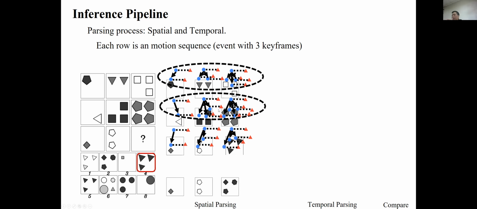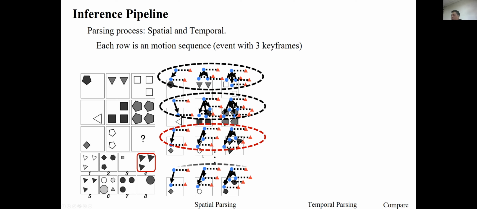And then you try to use that same parse graph or model to apply to the third one. For example, the correct answer is this one. It fits that model, and the other one does not fit, or fits but not as well as number 4.